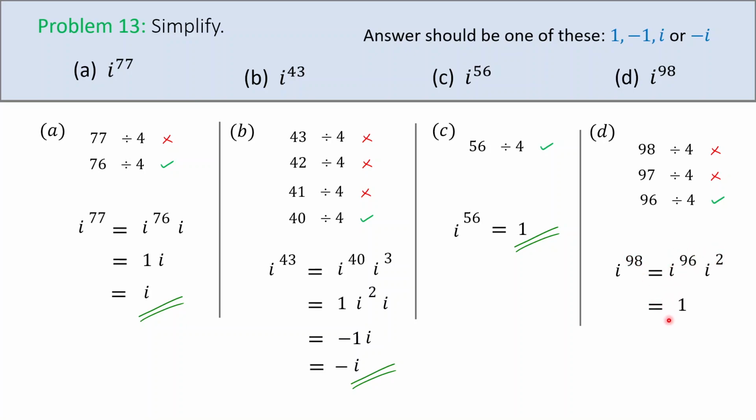So this is 1, and i squared is negative 1. So 1 times negative 1 is negative 1. So this is the answer. So you are getting one of these as the answer: 1, negative 1, i, or negative i.